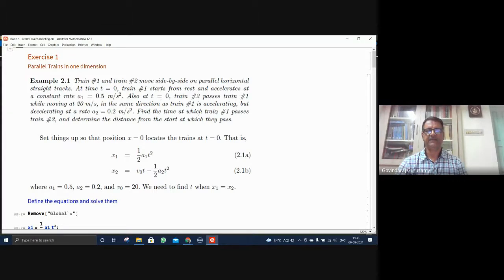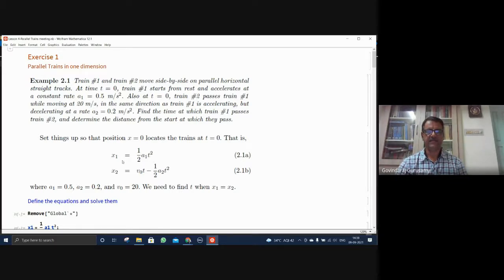Find the time at which train number 1 passes train number 2 and determine the distance from the start at which they pass. If I look at the first train, the acceleration is given here and the initial position and velocity are 0, therefore x1 is this; this is your equation of motion. The first part is clear.